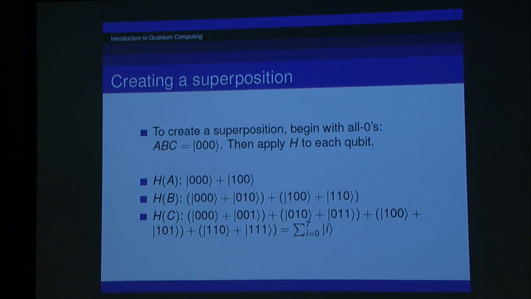So this is sort of like a souped up FOIL, right? You do it to C, and you've now got the sum of all possible integers from 0 to 7. So that's the use of Hadamard. Notice if this is n long, then to create all possibilities, you need only n gates. It's almost no work to create this superposition.